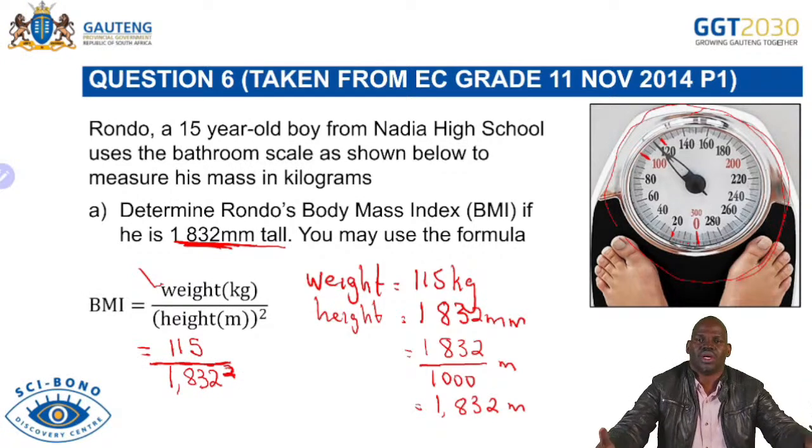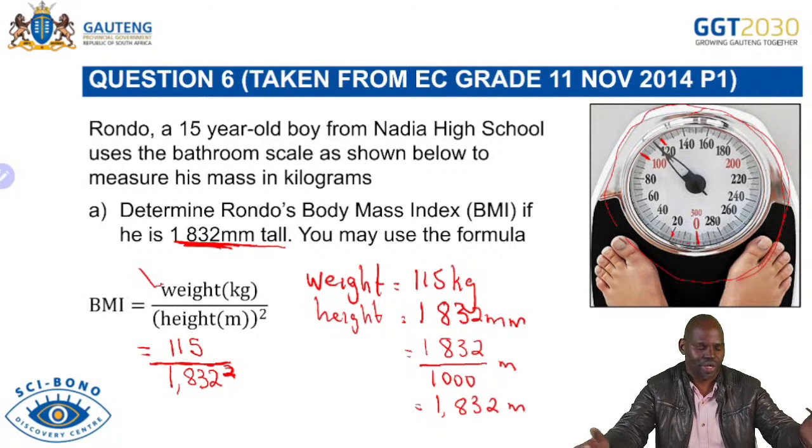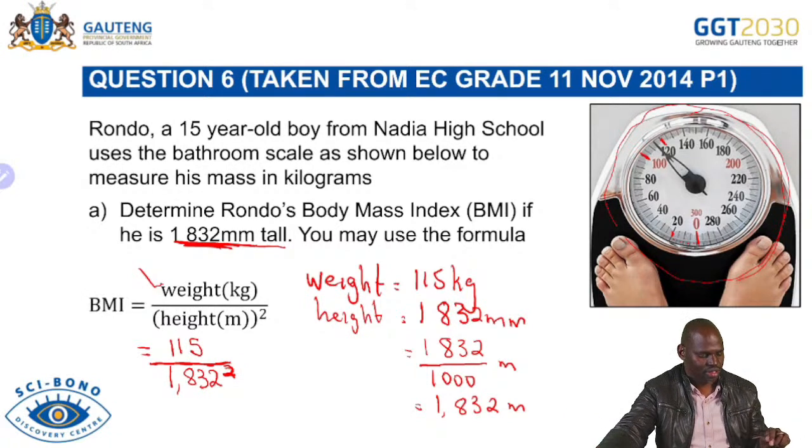Okay, we square it. It's 1.832 to the power of 2, or 1.832 squared. Let's see, we use a calculator. 115 divided by 1.832, and then we square.